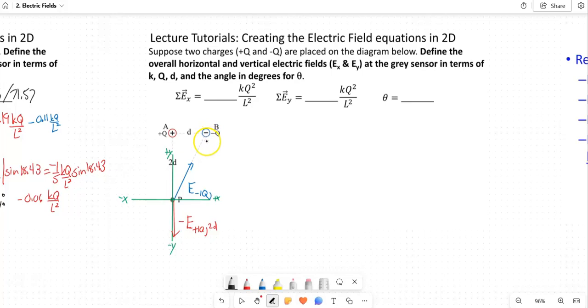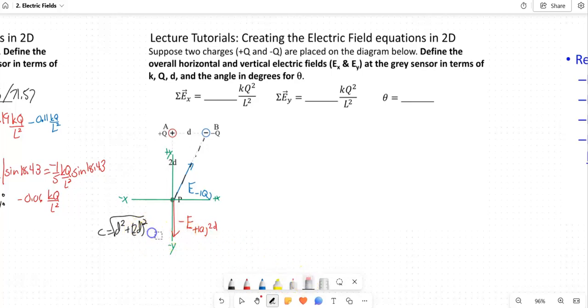Well, this distance right here, and I'm going to just overlay this right here. Well, that's going to be c, which is going to be equal to d squared plus 2d that we're going to be squaring. So that's going to be d squared plus 4d squared, and then we're going to have to square root it.